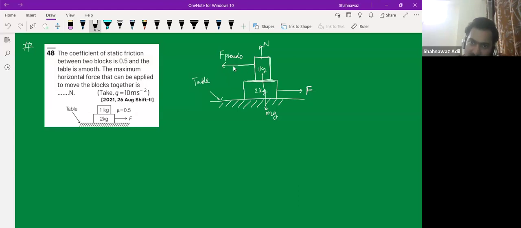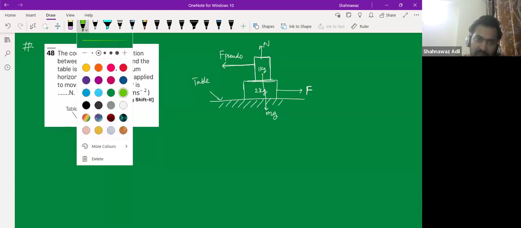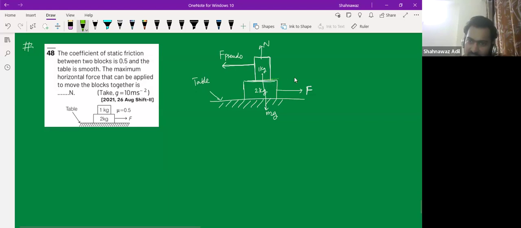So where would the friction be? Friction is in this direction, along the direction of this force.